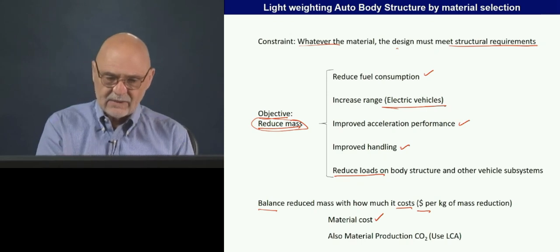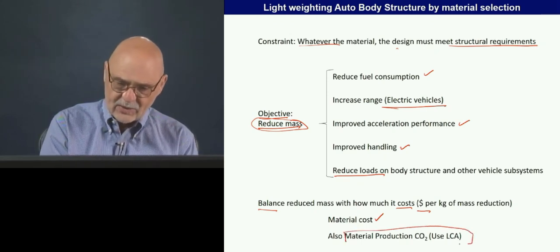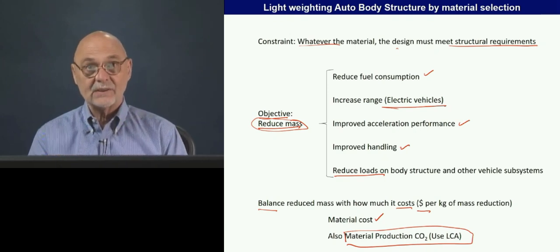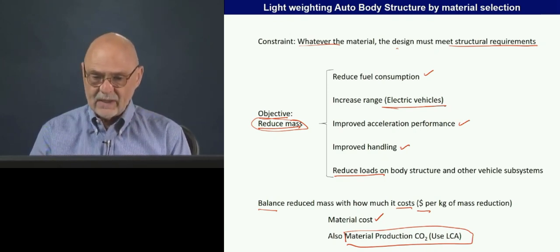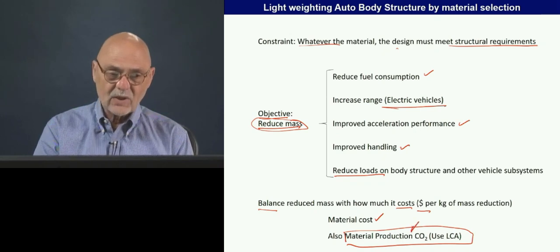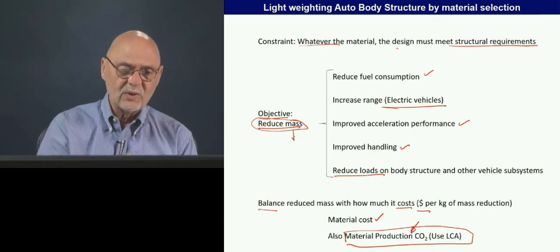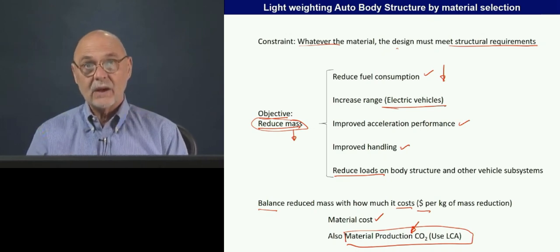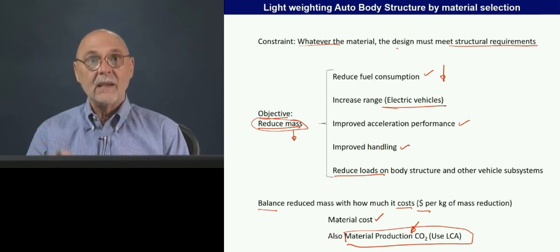I don't want to ignore this idea of life cycle assessment of greenhouse gases, of CO2. As we look at this, when we reduce mass, that reduces fuel consumption, which will reduce the carbon dioxide output during the use phase as we're using the vehicle.